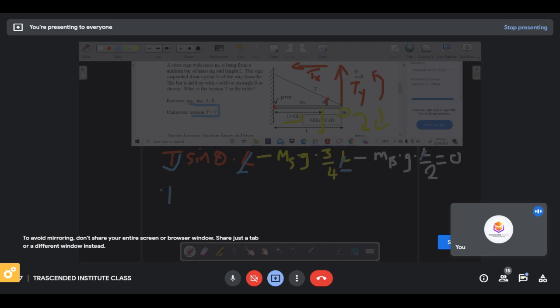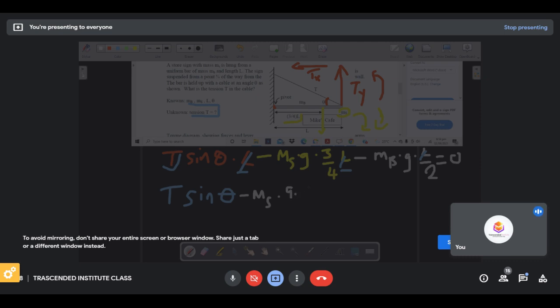So we're going to remain with T sine theta multiplied by 9.8.